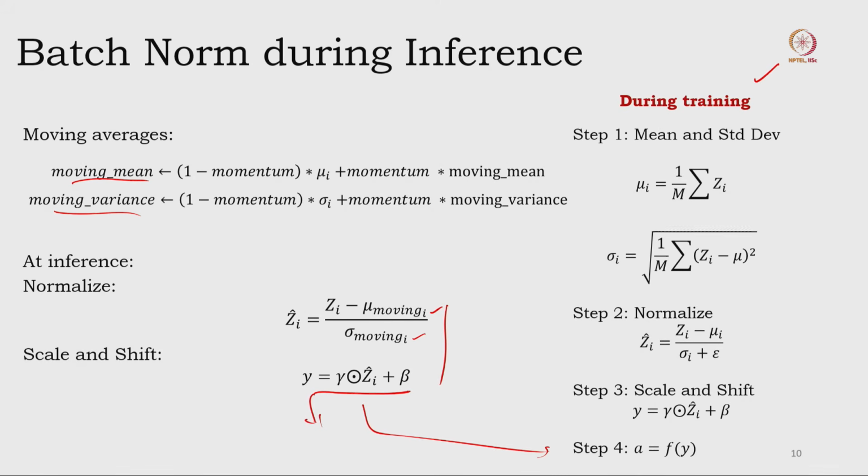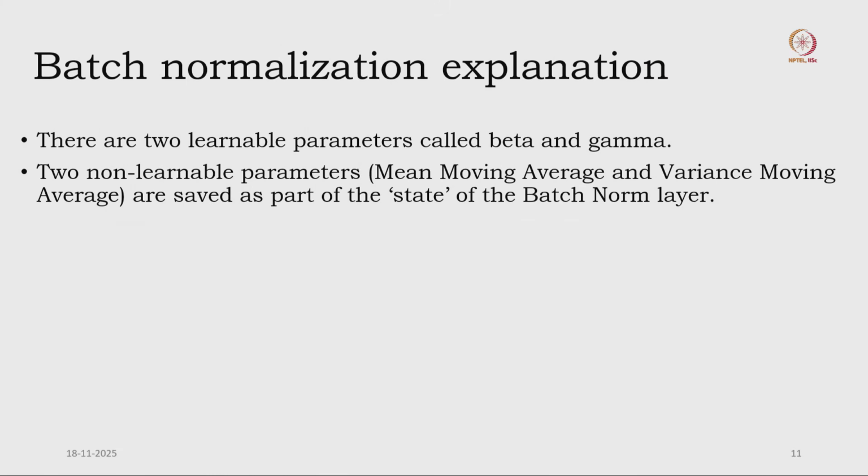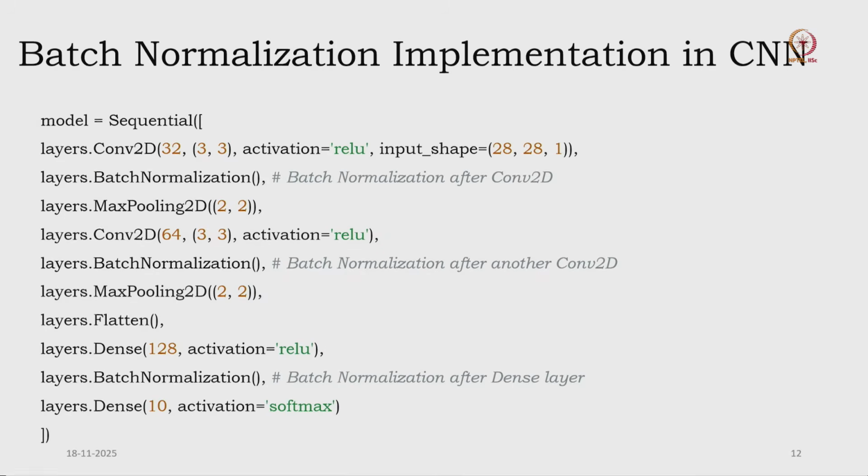So, this is all about batch normalization. We have two learnable parameters, beta and gamma, and two non-learnable parameters, moving mean and moving variance. This is all about the batch normalization working mechanism.